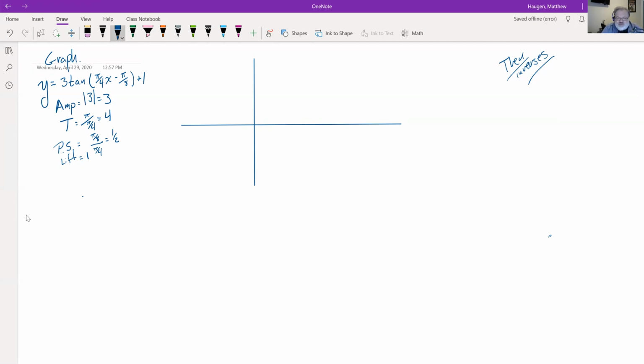So as we talked about yesterday, for the tangent graph we use most, if not all, of the same principles that we would use when graphing sine and cosine, to be able to build secant and cosecant. The major difference is in the period.